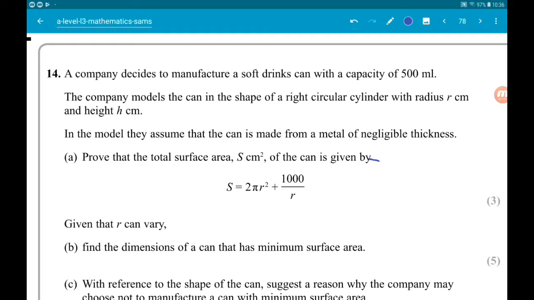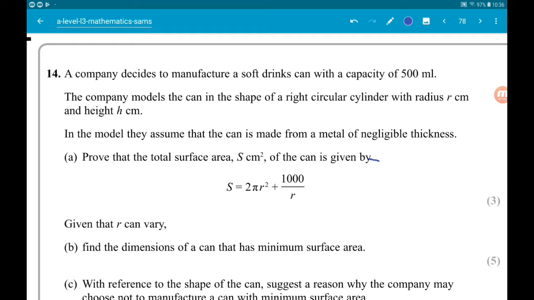In the model they assume that the can is made from a metal of negligible thickness. Part A, prove that the total surface area S centimetres squared of the can is given by S is equal to 2 pi r squared plus 1000 over r. Okay, so something to note here is that there is no h in S. So what we're going to need to do is find an expression for h in terms of r.